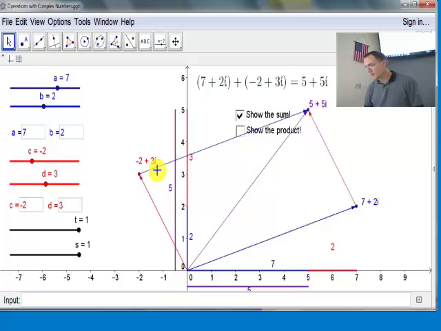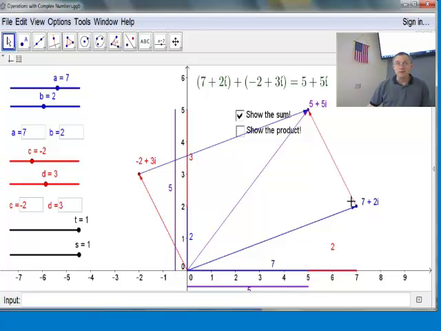And if you have a number like negative 2 plus 3i, you can say 2 to the left and 3 up, and just put a dot there and say, this is a representation for negative 2 plus 3i, that complex number. And if you have 7 plus 2i, you can go 7 to the right and 2 up and say, well, there's 7 plus 2i. It's off the real number line, so it's an imaginary number.